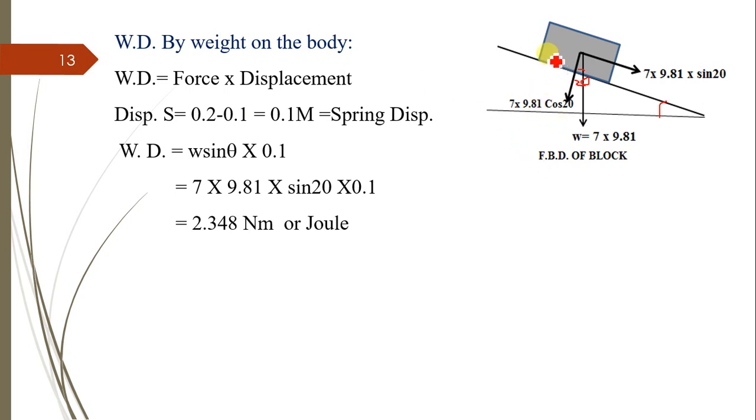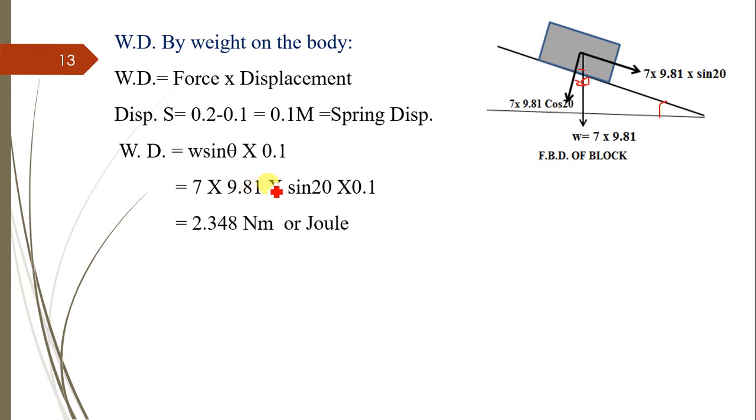Now the displacement of the body occurs along this inclined plane, and hence the force along the incline is considered, and work done is equal to force multiplied by displacement. The force is 7 into 9.81 into sine 20, and the displacement is from 100 mm to 200 mm, that is 100 mm or 0.1 meter.